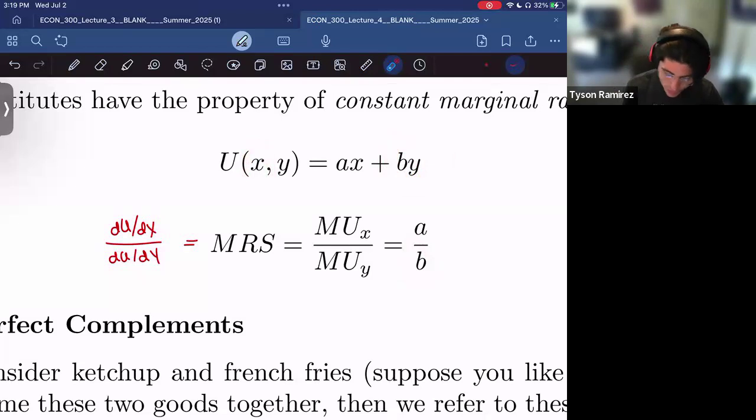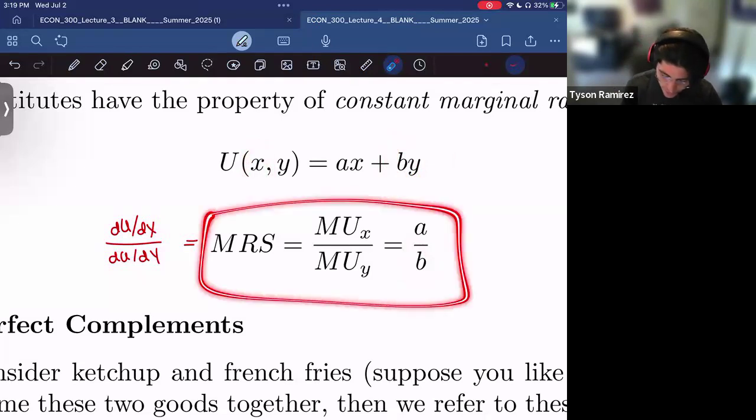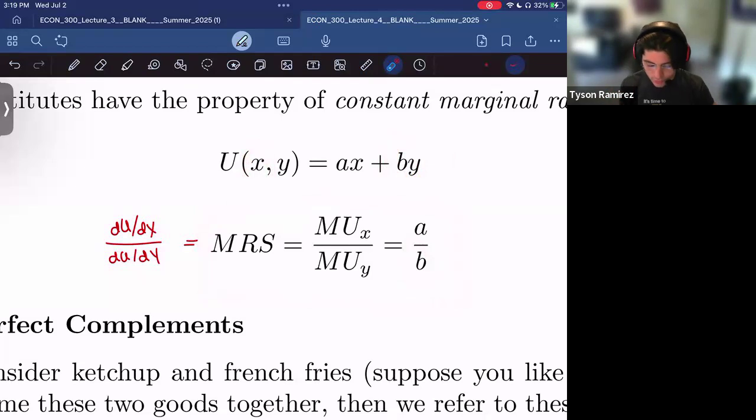All right. So if we do that, we see that the marginal rate of substitution for perfect substitutes is constant. I can always substitute the same amount, no matter how much I have, no matter how much I want. The marginal rate of substitution, the substituting one for the other, is always going to be the same amount because these things are perfect substitutes.